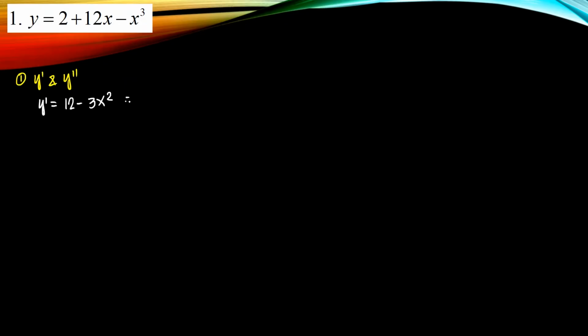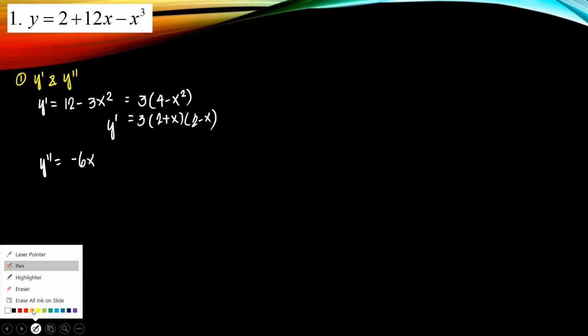So if you factor this, this becomes 3 times 4 minus x squared, or 3 times 2 plus x, 2 minus x. This is your y prime. Now, let's solve for y double prime, basing it from here. Negative 6x.